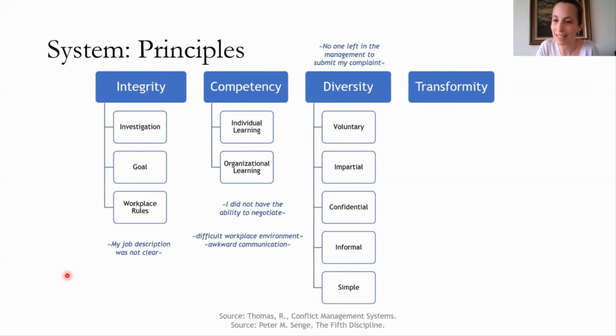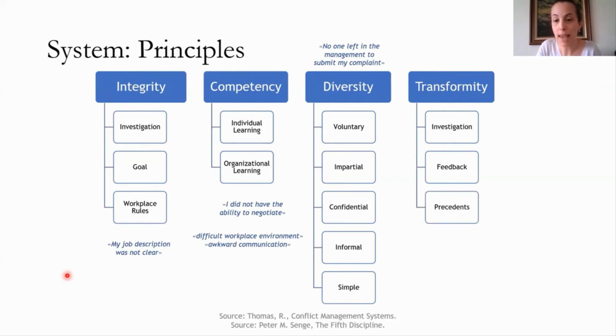We want it to be simple. And then we keep on with periodic investigations. We keep on knowing our employees. We get feedback from Jane if she uses one of those application procedures. And we review the precedents, how things went. Did it go well? Did it go badly?